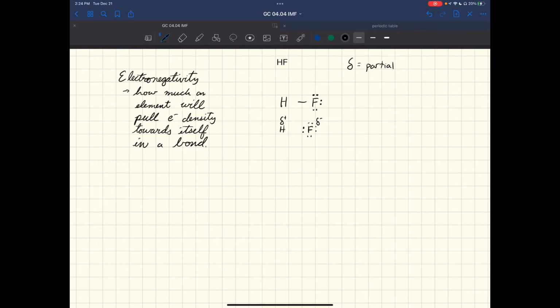And we have a separation of charge. And this separation of charge we call a dipole. And when it's in a bond, we call this a bond dipole.